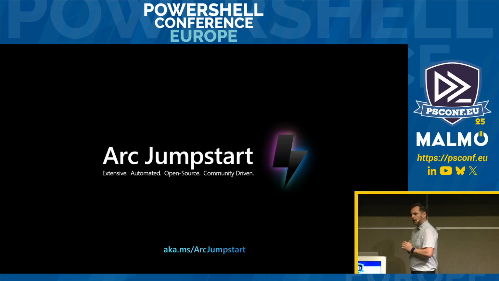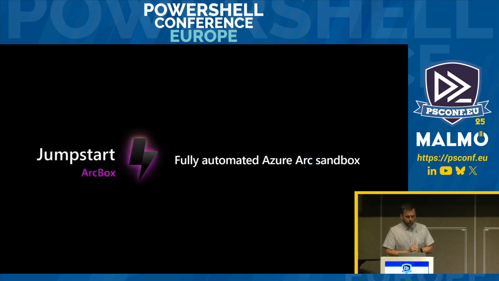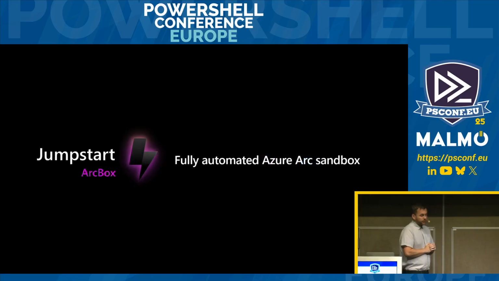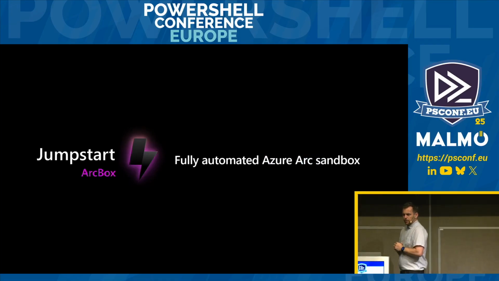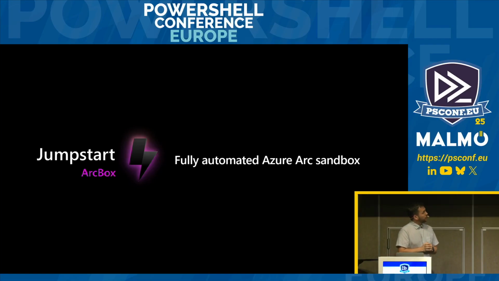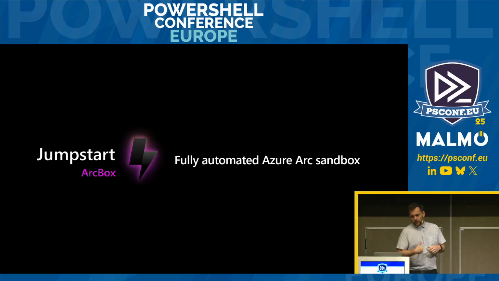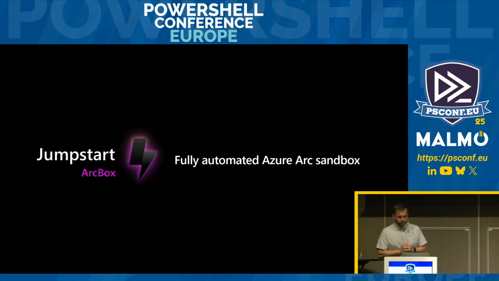It's basically a way for you to get started with a sandbox environment. We have this solution called ArcBox that will bootstrap a simulated on-premises environment, or an environment running outside of Azure, in a sandbox, so you can play around with it and tear it down when you're not using it anymore. I'm going to get back to that in a minute.